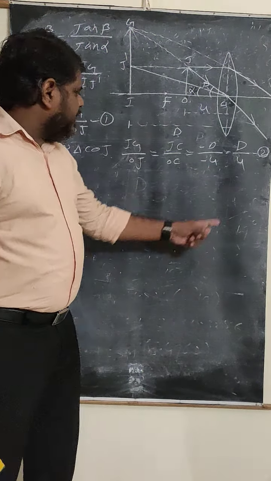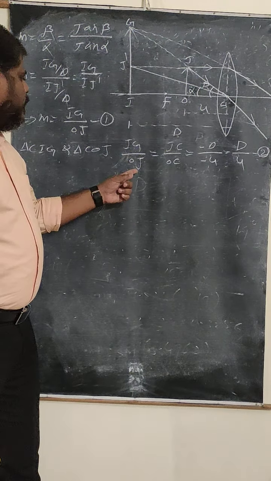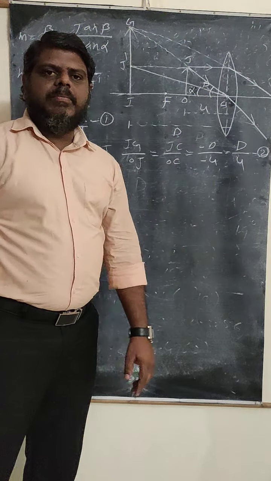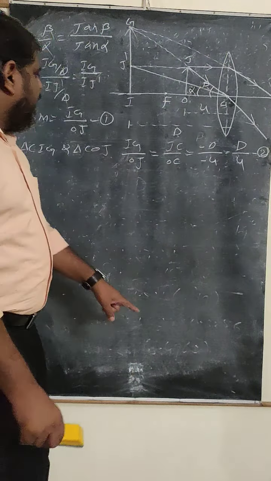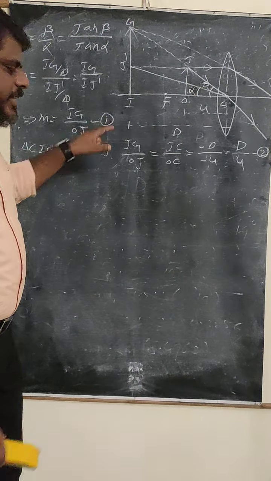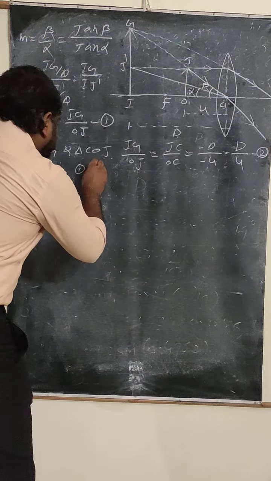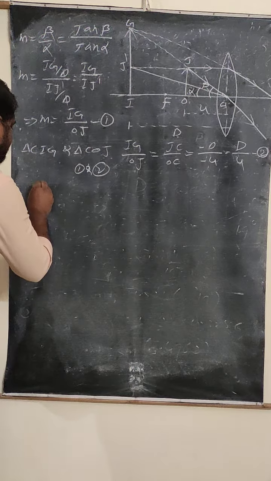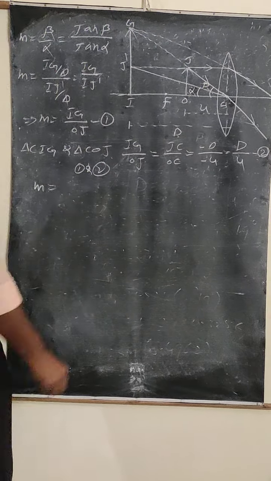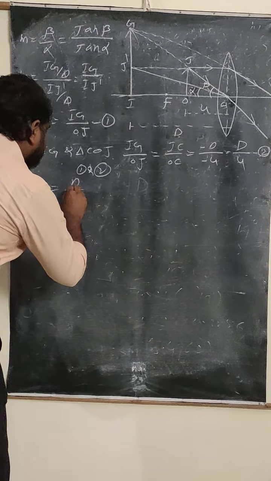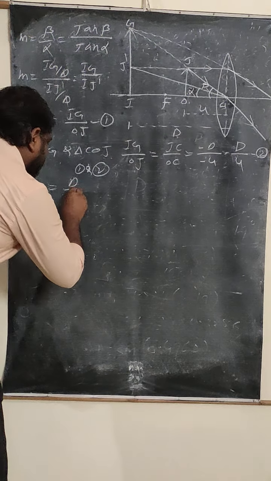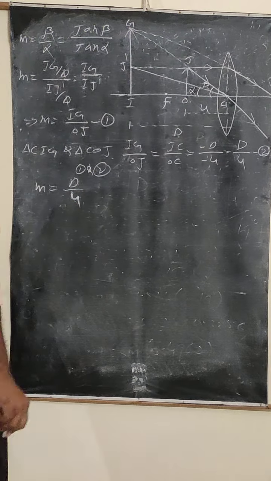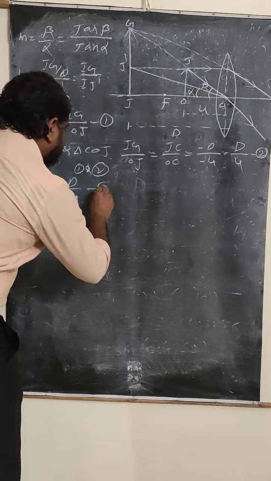Now, from this equation, IG by OJ is equal to D by U. And this D by U value we are going to substitute in the first equation. So from the first and the second equations, the magnification M is equal to D by U, and you can call it equation number 3.